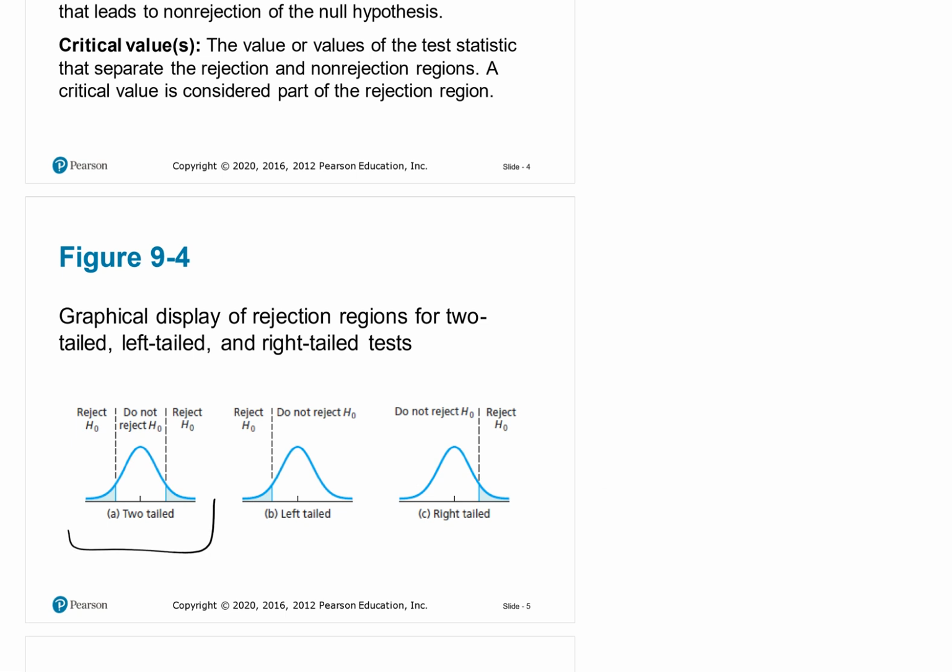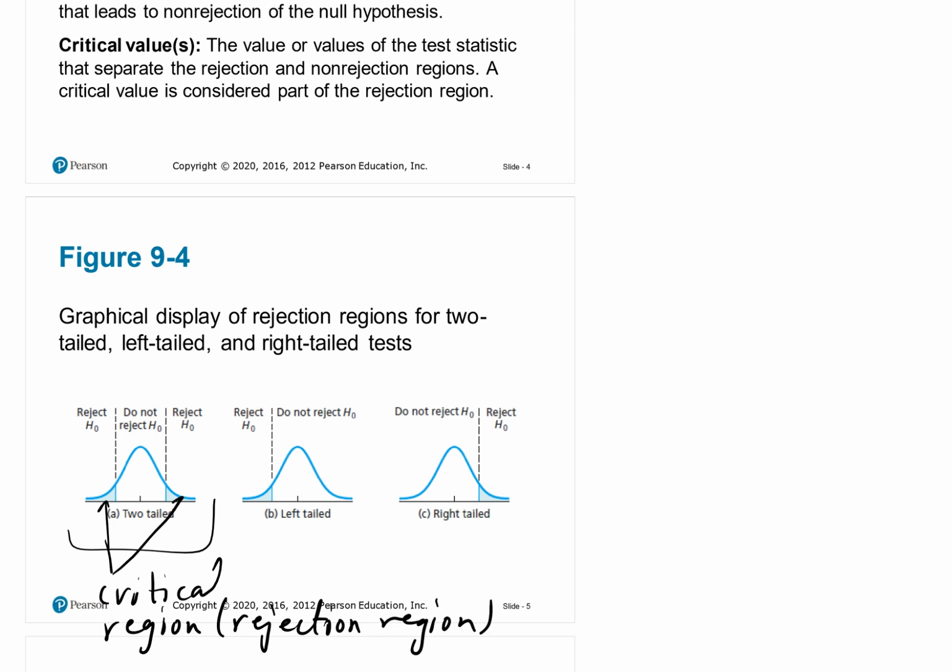These highlighted regions are called the critical region, or I call it the rejection region. And this applies to the other two graphs, the left-tailed and the right-tailed.